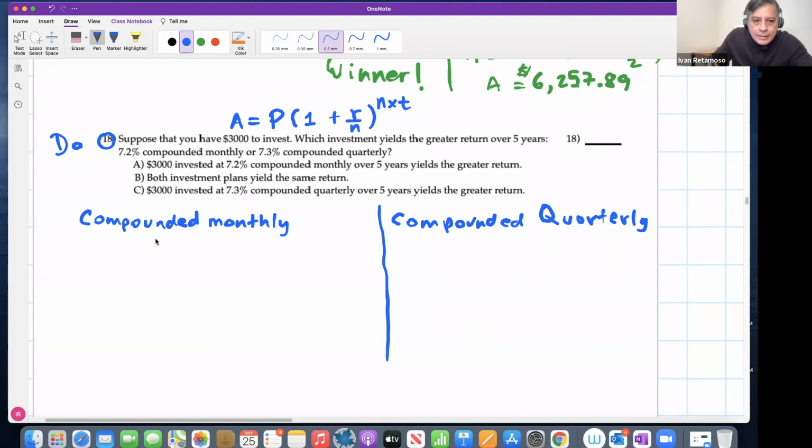And as an extra hint, for compounded monthly, remember N is 12, for compounded quarterly, N is 4, right? Because there are 12 months in a year, and quarterly, 4 quarters in a year.